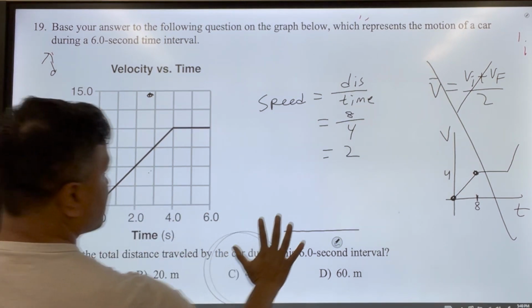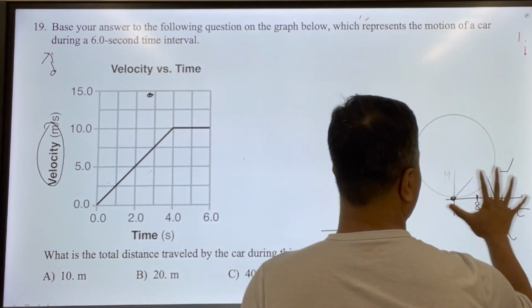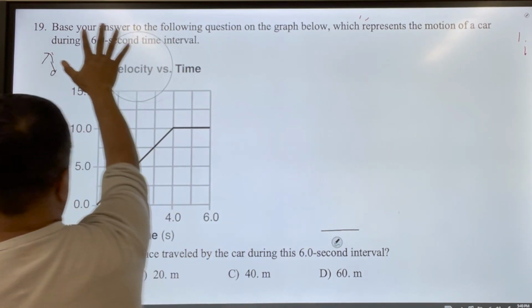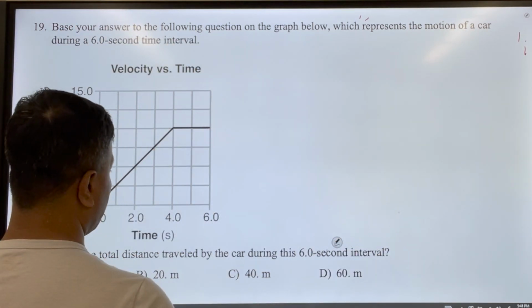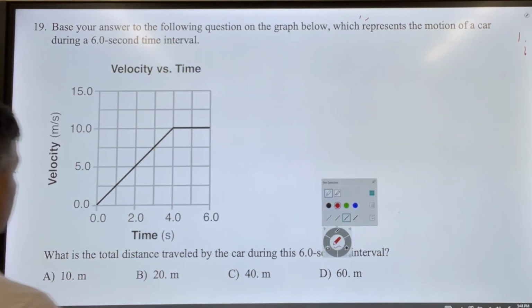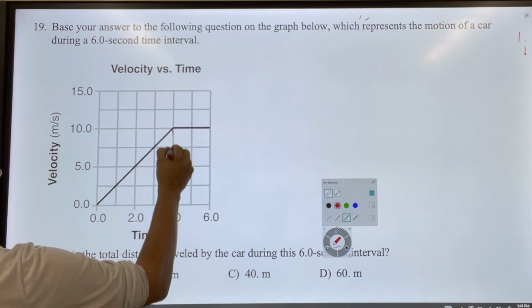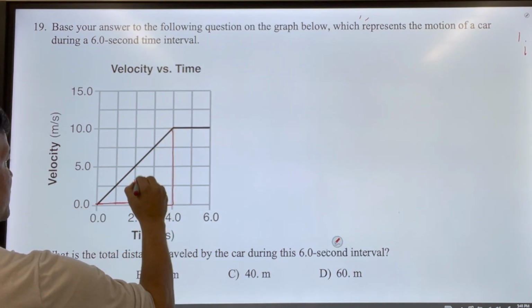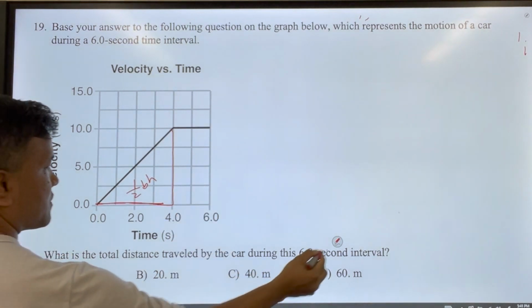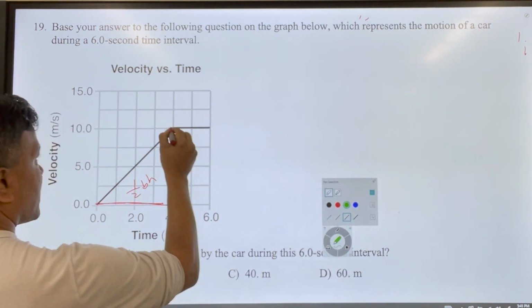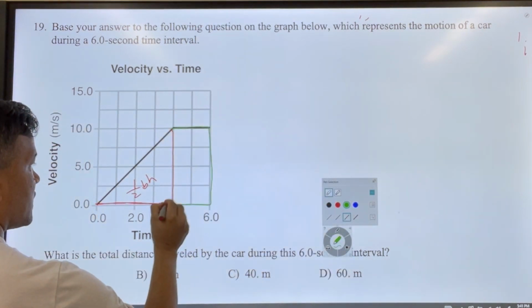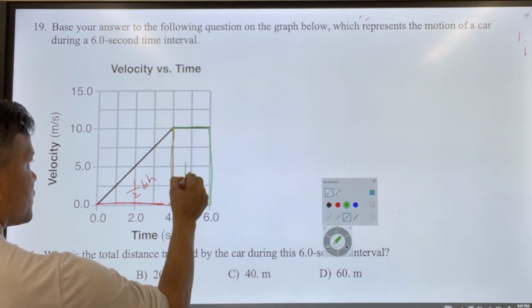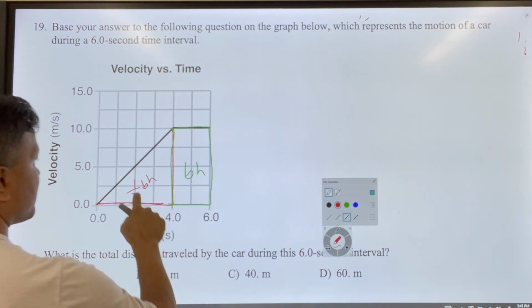Okay, 19. What are we doing? We are trying to find the total distance traveled by the car during 6 seconds, right? 6 seconds. So I have half bh, and I have bh. Okay, let's first do half bh.